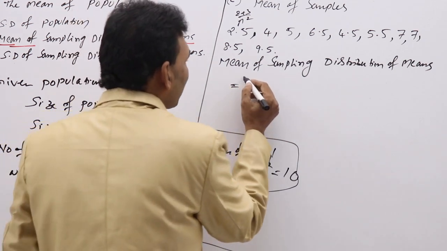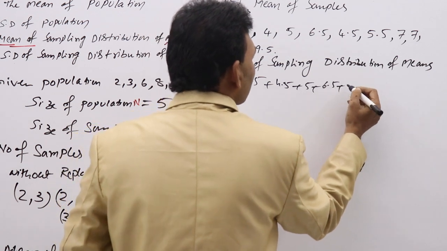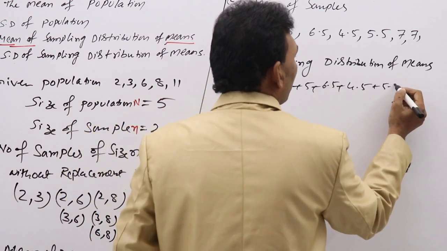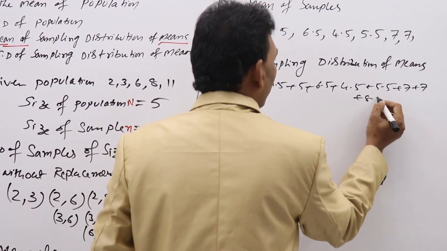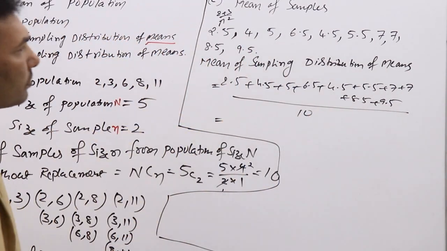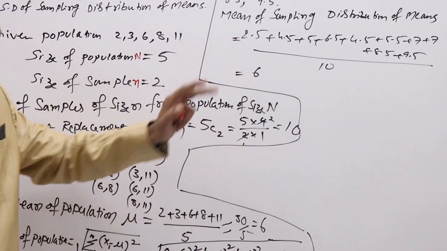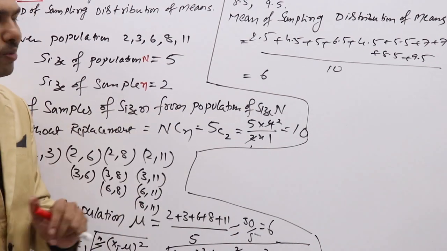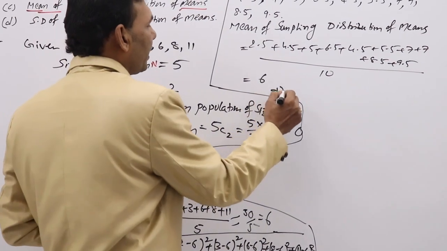So 2.5 plus 4.5 plus 5 plus 6.5 plus 4.5 plus 5.5 plus 7 plus 7 plus 8.5 plus 9.5 by 10. If you do this, you will get 6. Generally the value you get here will be approximately that value only. Mu value and x bar value will be the same.